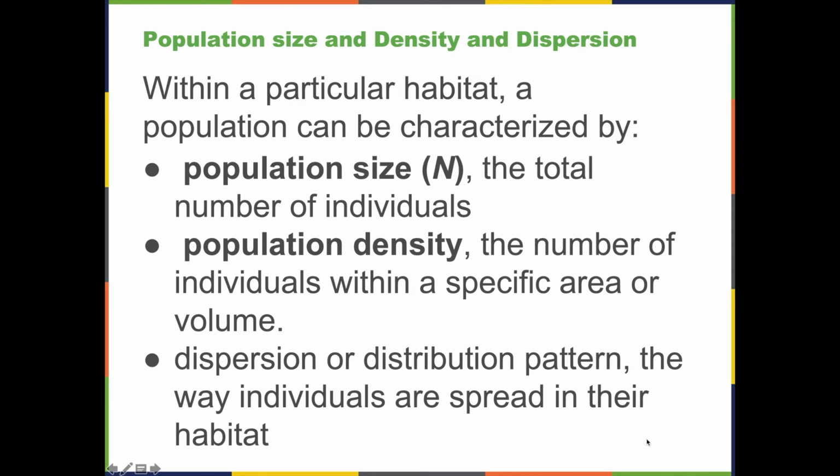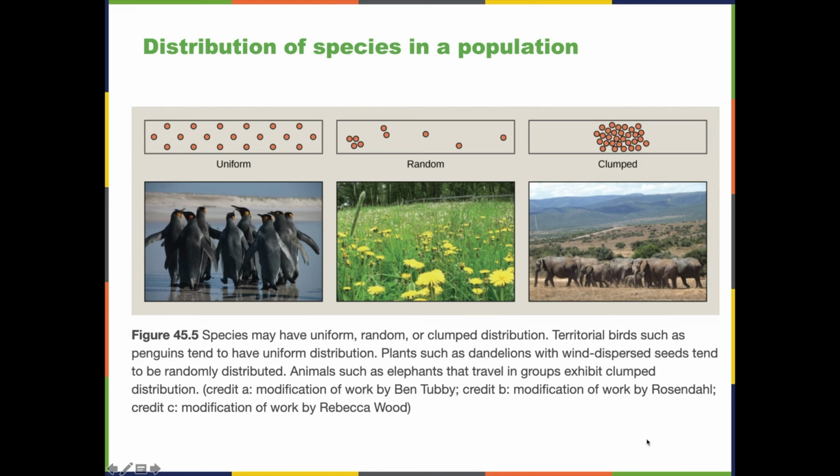Populations can also be characterized based on their dispersion or distribution pattern, meaning how they are distributed in the area, and different types of populations may have different distribution patterns depending on how they interact with each other and with the environment. There are three different ways in nature that scientists have found species distribute themselves in a population.